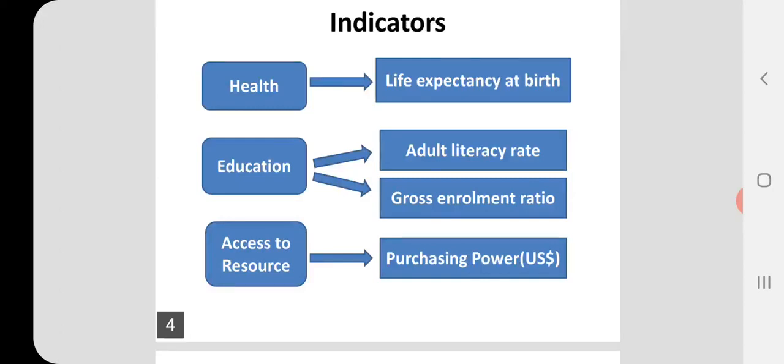How many students are enrolled in school indicates the educational facility of any country. Next is access to resource. Access to resource is measured by purchasing power in US dollars. So these are the three indicators of human development.